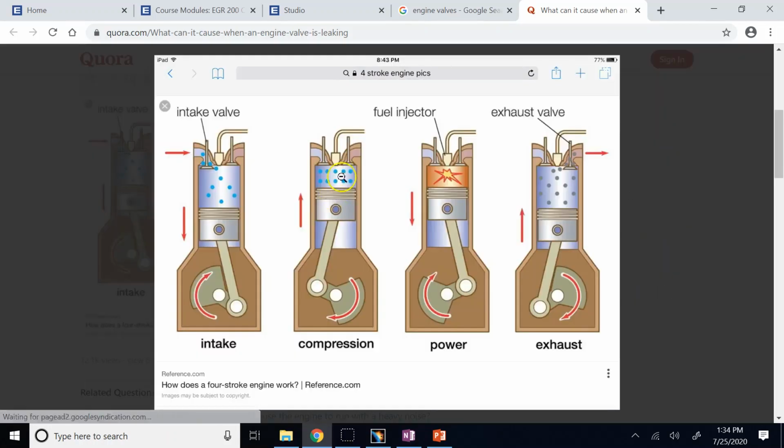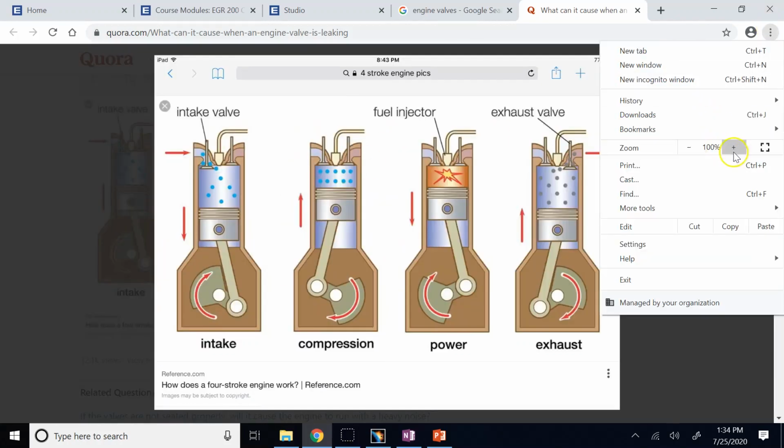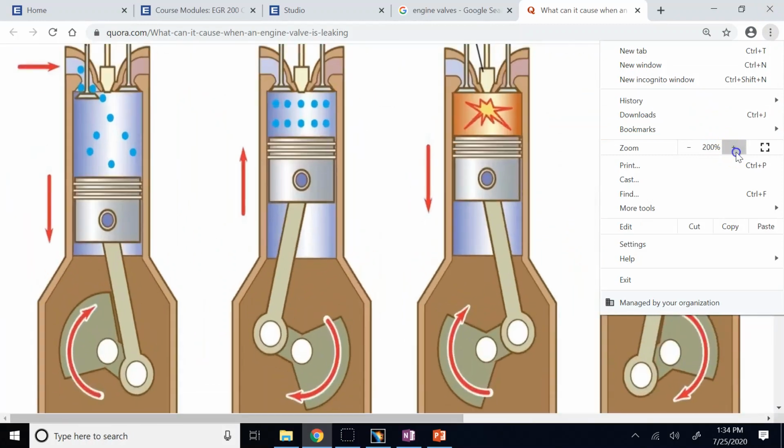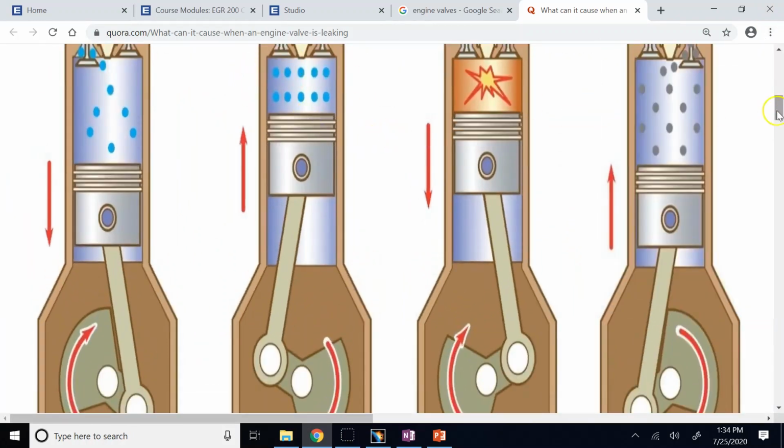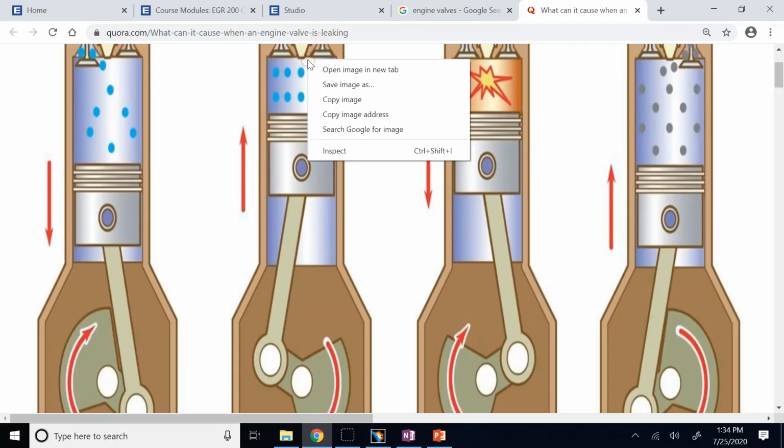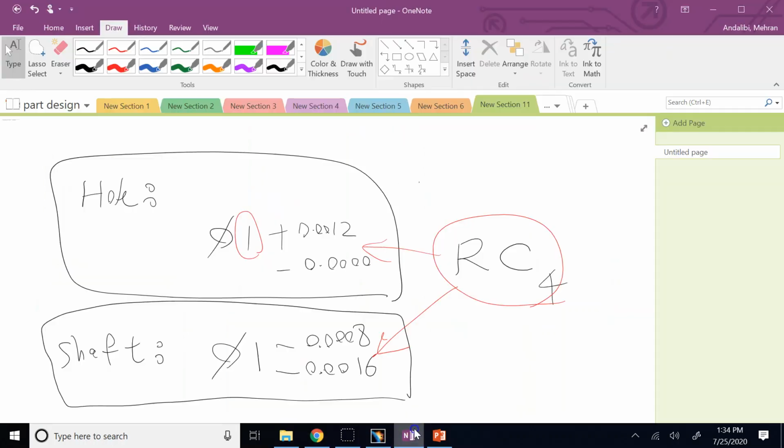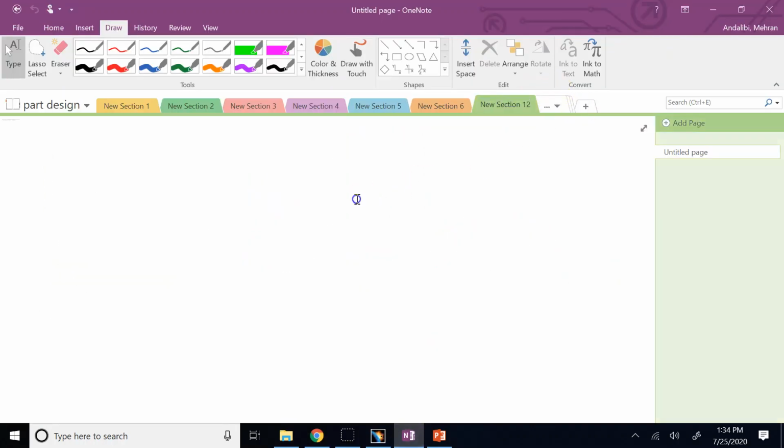So if you look here, I have the top surface of the valve sitting against the body of the cylinder block, right, or the engine block, right? So if you look at this point, let me see, can I get it into OneNote? Could be even better.